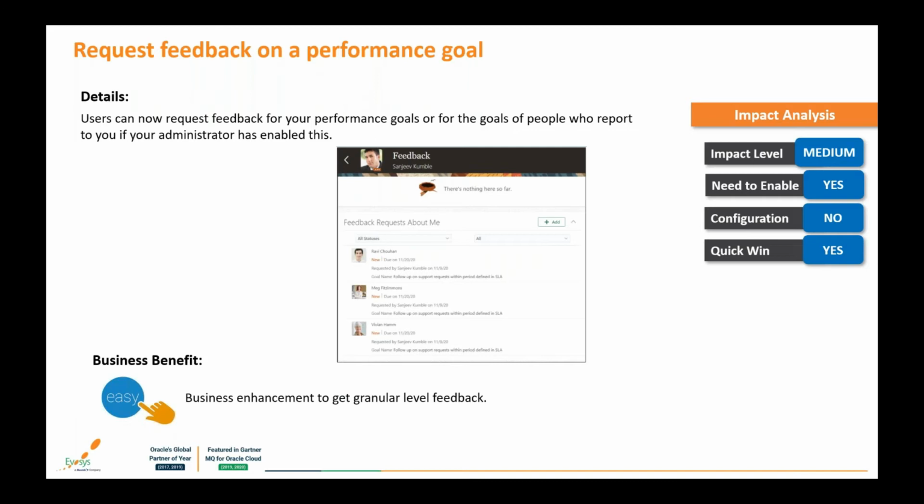So in turn, this is going to give clarity that apart from your goal completion or the weightage that you're having, what is the feedback in case you are sharing that goal with different peers or your matrix manager is helping you in achieving that goal. So those feedbacks will in turn help when you are doing the performance appraisal process.